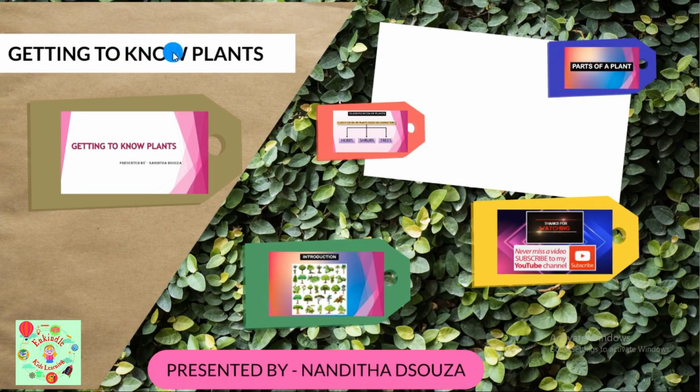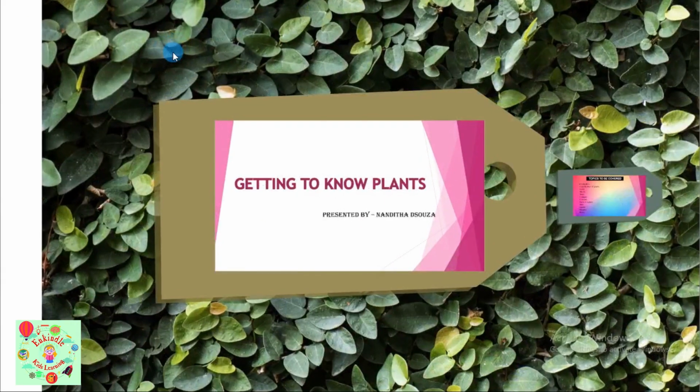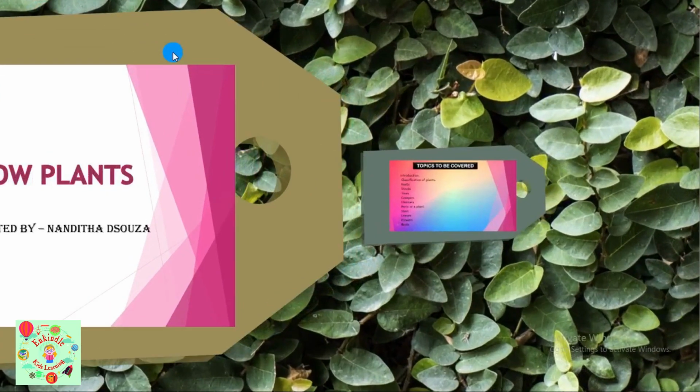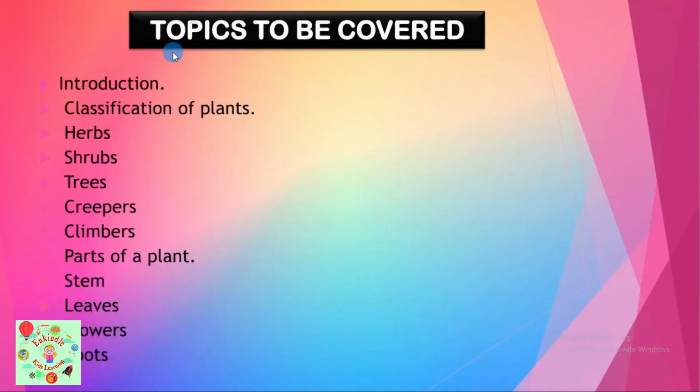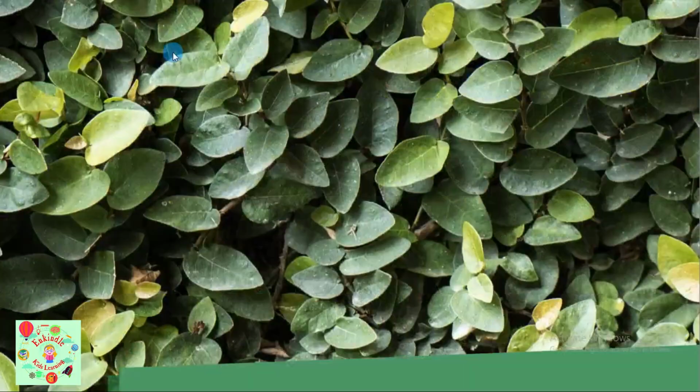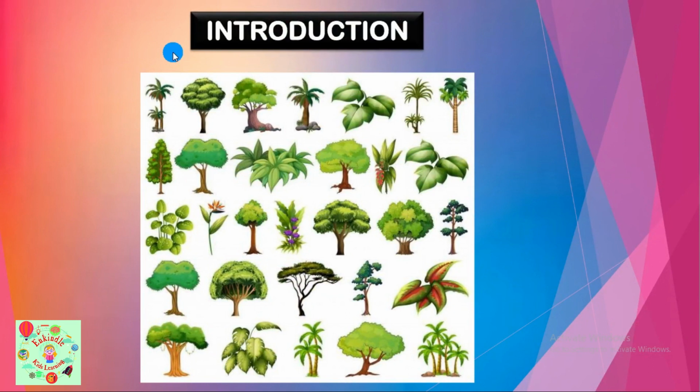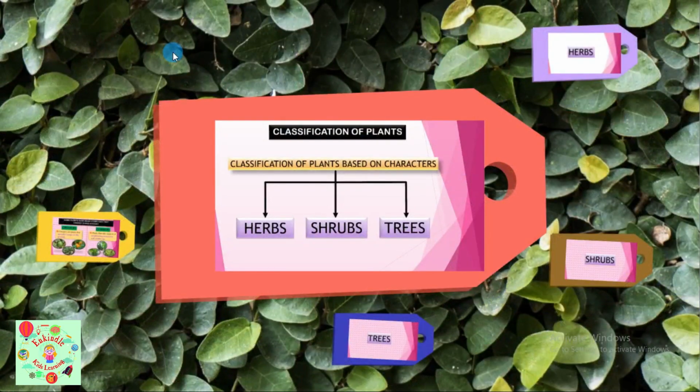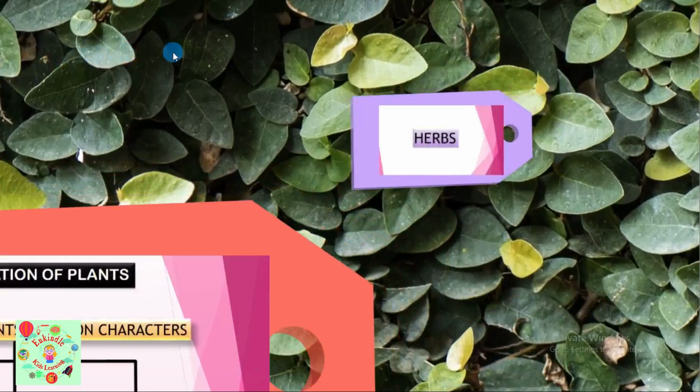So we'll take a quick recap on what we studied under getting to know plants. First, we went through all the topics to be covered in this particular lesson. Under introduction, we saw that there are a variety of plants around us. Some are small, some are big, and some are very big. Then we saw the classification of the plants. First is the herbs.